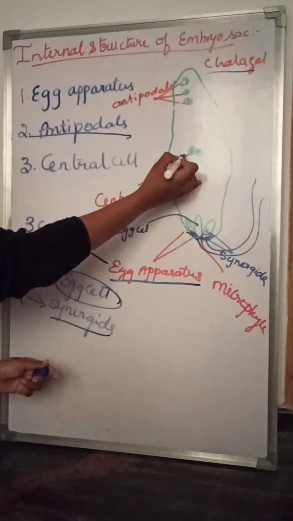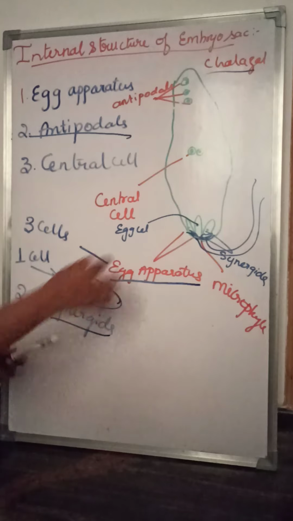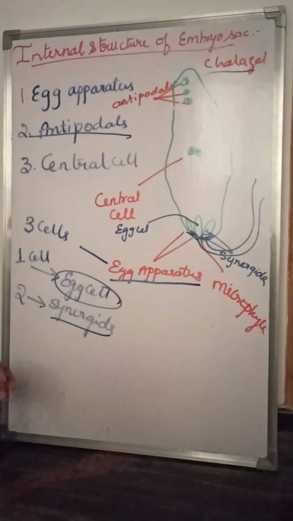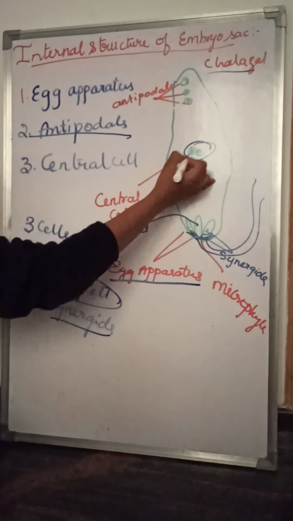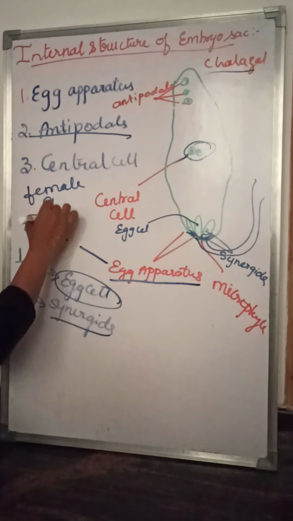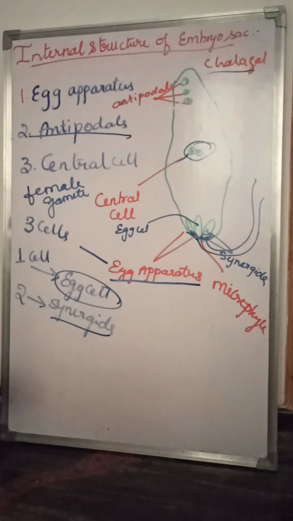These 2 polar nuclei also act as a female gamete and participate in the process of fertilization.